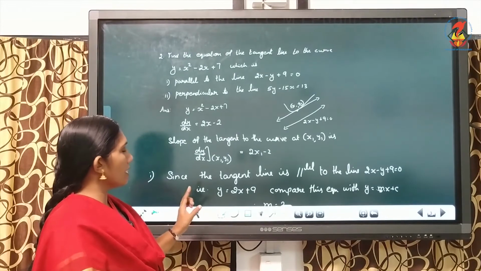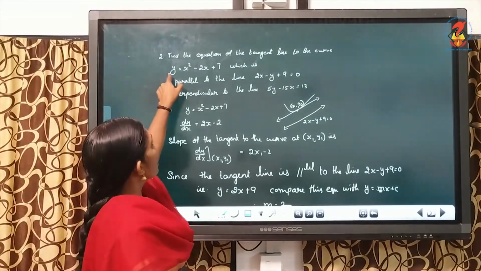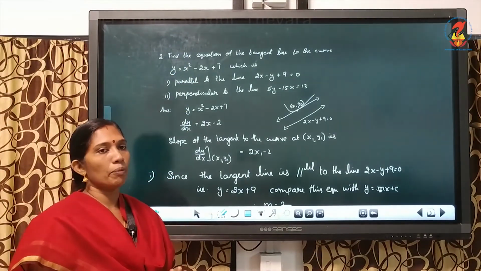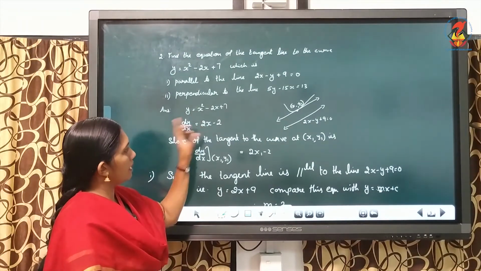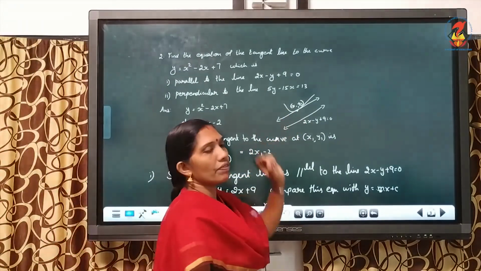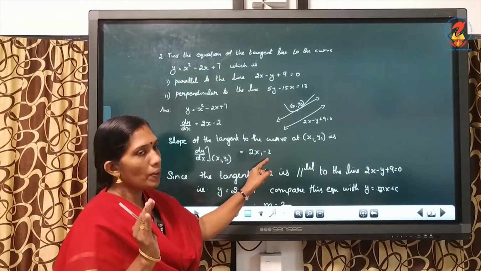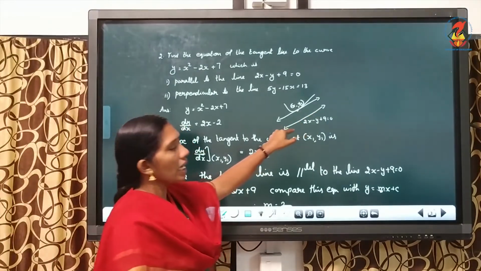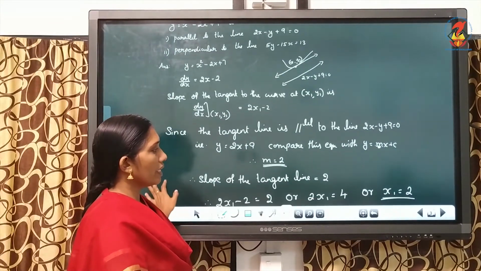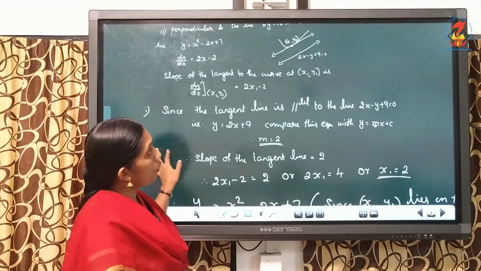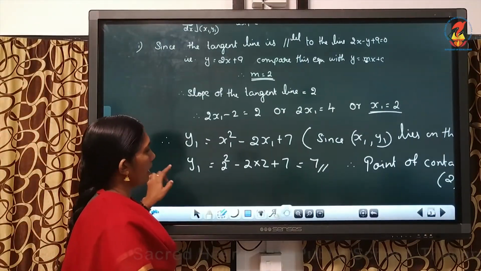Another way to find the slope of the tangent is the derivative of the curve at the point of contact, which is 2x minus 2. Then we suppose x1 y1 is the point of contact. So 2x1 minus 2 is the slope, but the slope of the second line is 2. So we can equate, since the lines are parallel. From that we get x1 is equal to 2. Now x1 y1 lies on the curve, substitute in the curve equation, and from that we get y1.